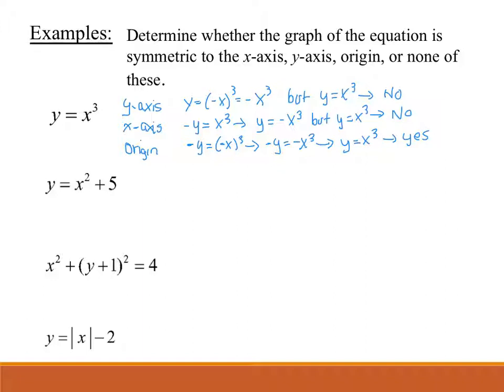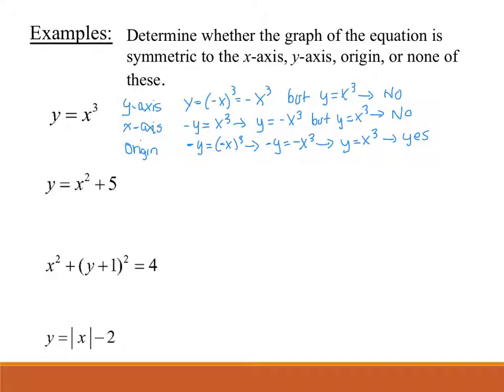When we do that, we have y is equal to a negative x cubed, but y has to equal x cubed, positive. So no, it is not symmetric around the y-axis. For the x-axis, we have a negative y is equal to x cubed. Well, this implies that y is equal to a negative x cubed, but y has to equal x cubed. No, it's not symmetric around the x-axis.